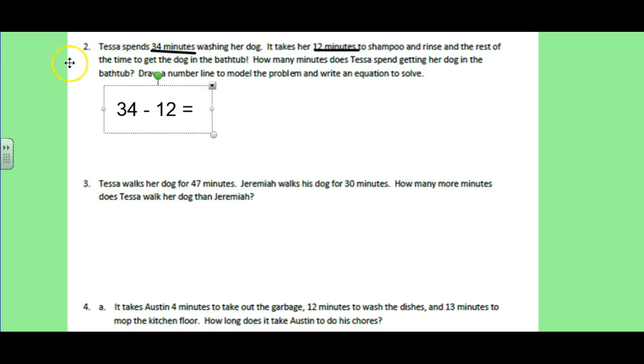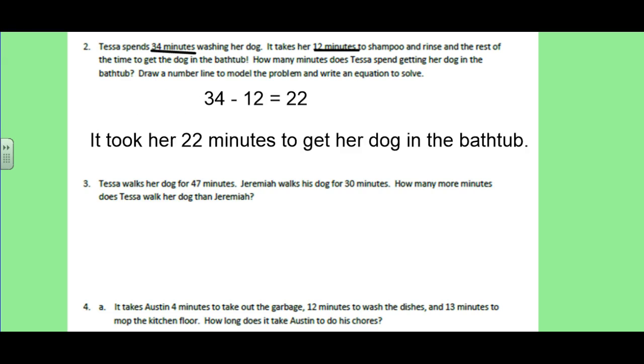So go ahead and solve that and then write your sentence, and you can push play when you're ready to check your answer. Okay, so 34 minutes minus 12 minutes would be 22. So that tells us that it took her 22 minutes to get her dog in the bathtub.